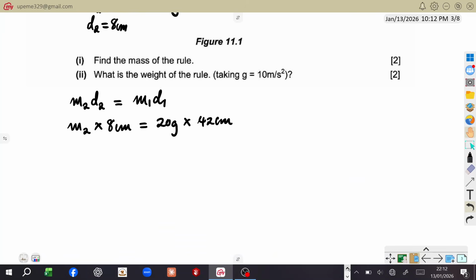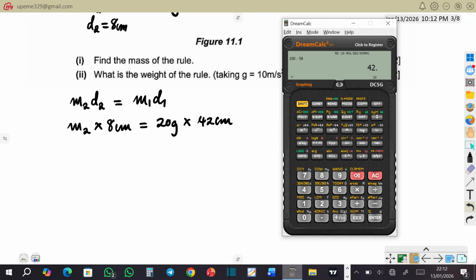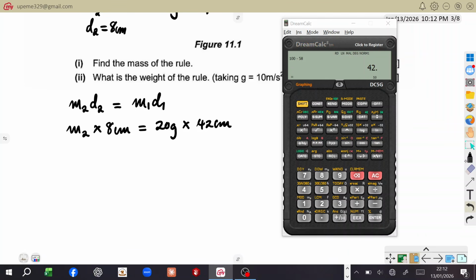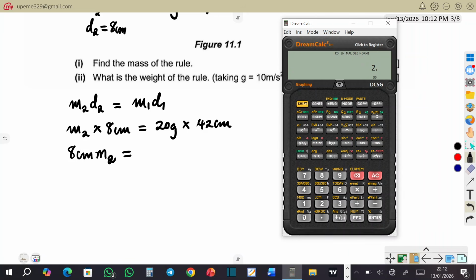So 8 centimeters times M2 equals 20 times 42, and we will get 840.